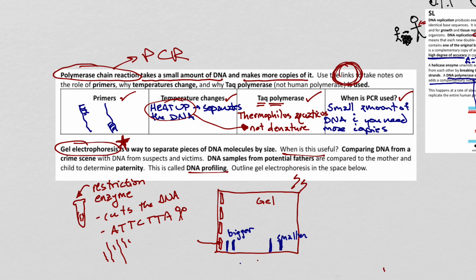And so you add a little bit of dye to this. You can look at this under a camera and see how far things go. This is really helpful because if you have, let's see here, if we do paternity testing and you have the child here, and here you have two potential fathers, and here you put the mother of the child, because the father will share some DNA with the child, it will cut in the same spots and you'll get pieces of DNA that are the same size.